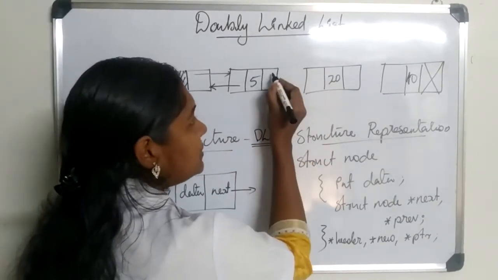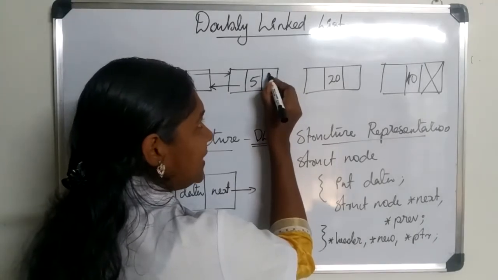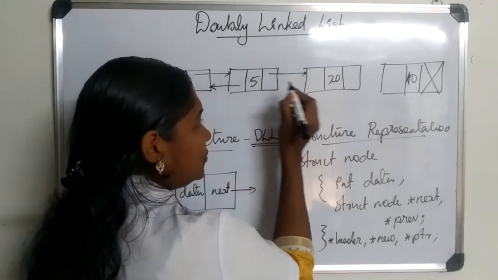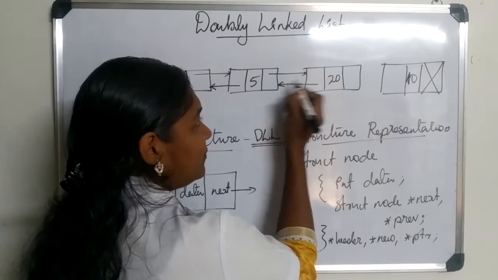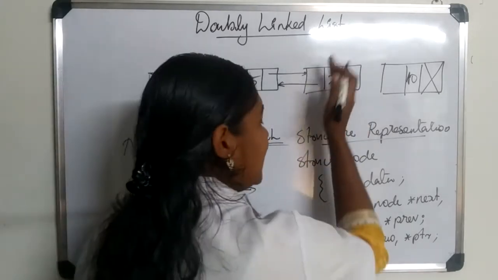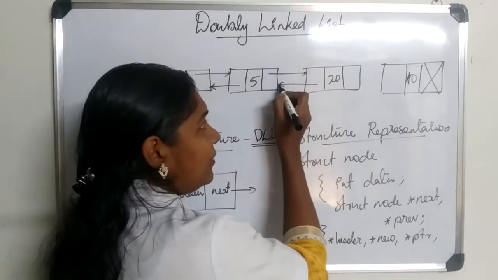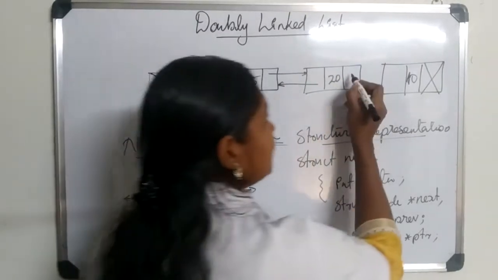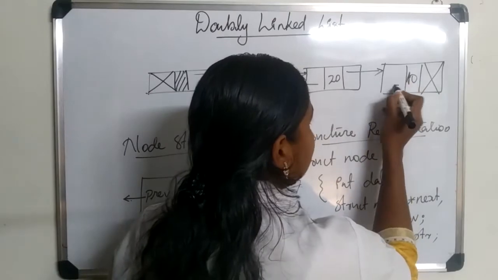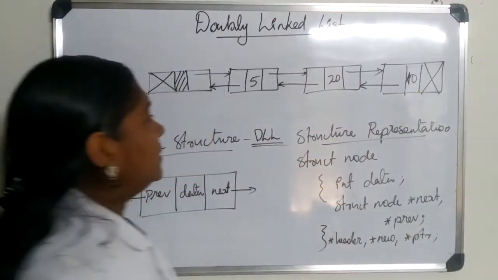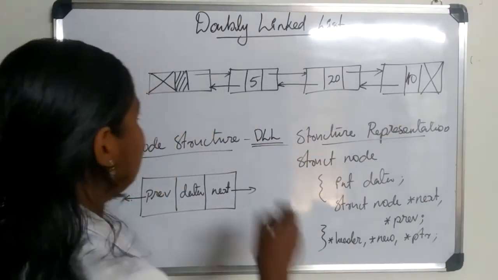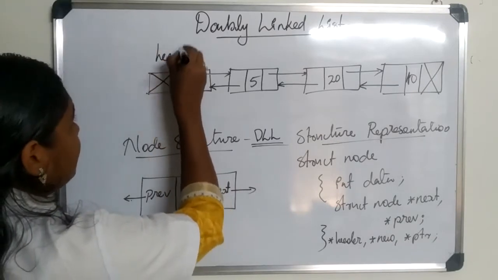So the next node's link should start from inside of this node, and this should start from the inside of this self-referential structure, right? So the starting point and ending point should be like this. This is what I am trying to mention. So you have got an idea.